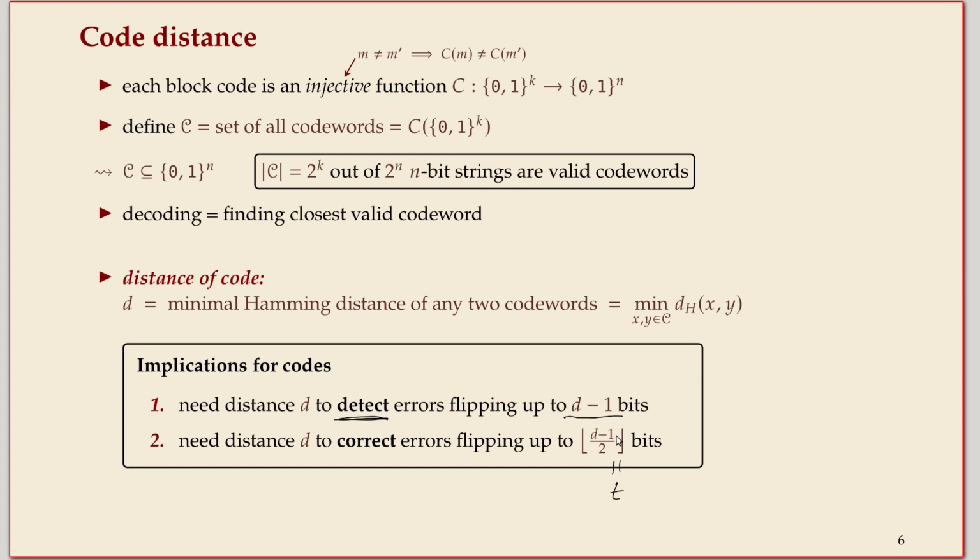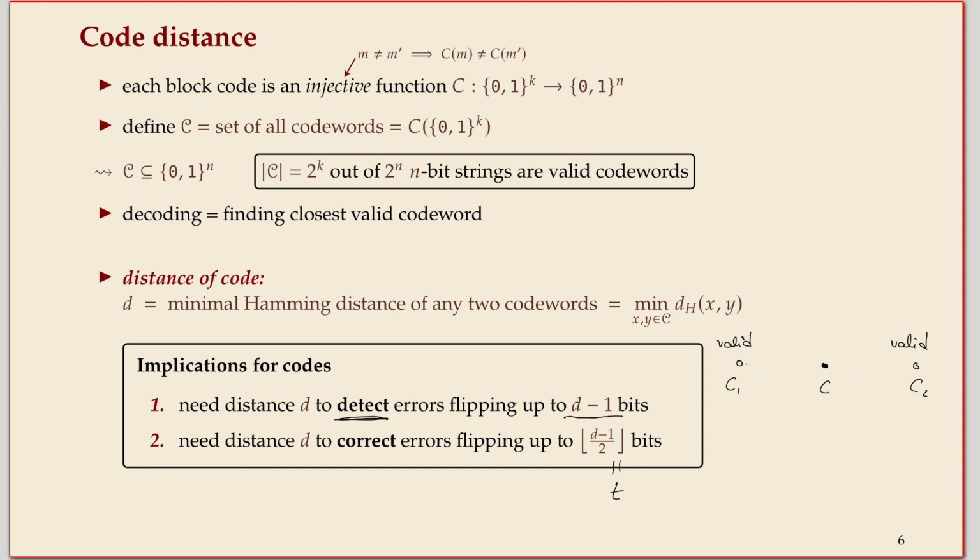Right, so this is a little more subtle, but here the point is, if you have a valid code word here, so this is code word 1, this is code word 2, both of these are valid, and now suppose you receive something. This is the block that you actually receive. You have to round it to the closest code word.